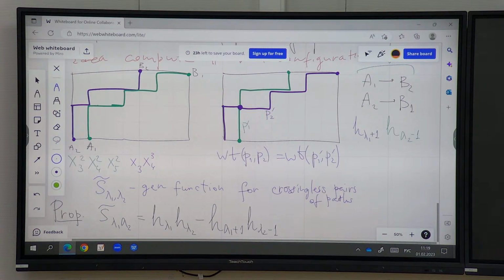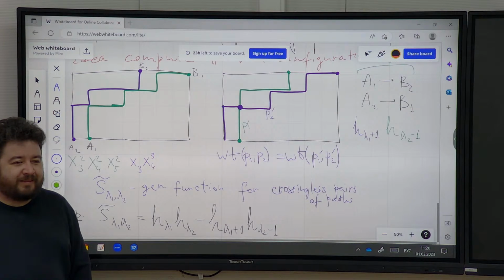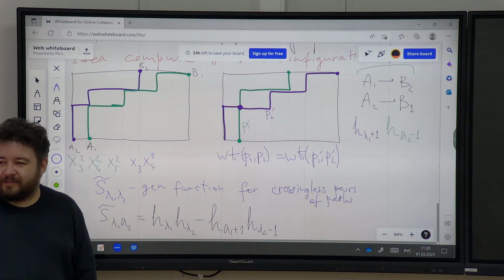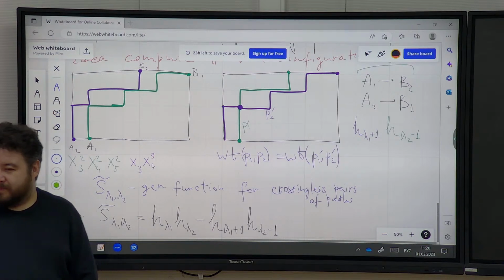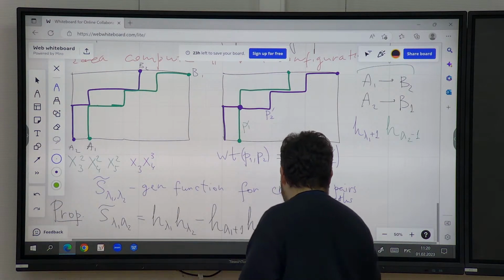Any ideas? What do you usually do when you see an expression like this? 2 terms minus another 2 terms. Something similar to what you've already seen in your life, many times in the first year.